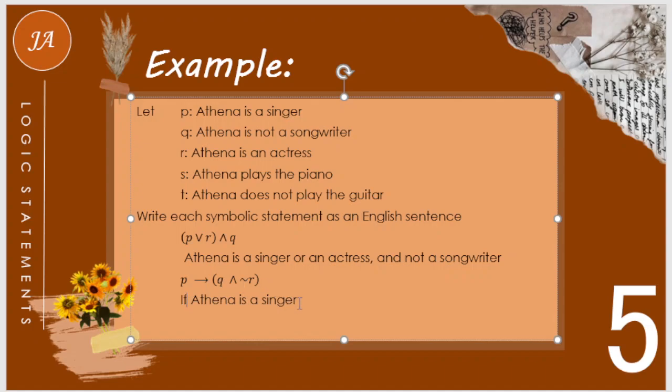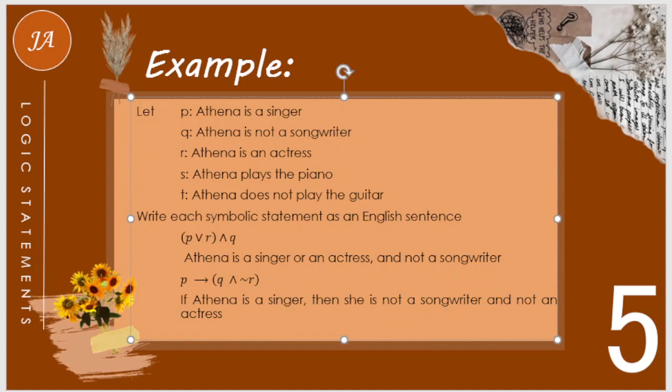So if Athena is a singer, then she is not a songwriter and not an actress. So the statement for this symbolic form is if Athena is a singer, then she is not a songwriter and not an actress.